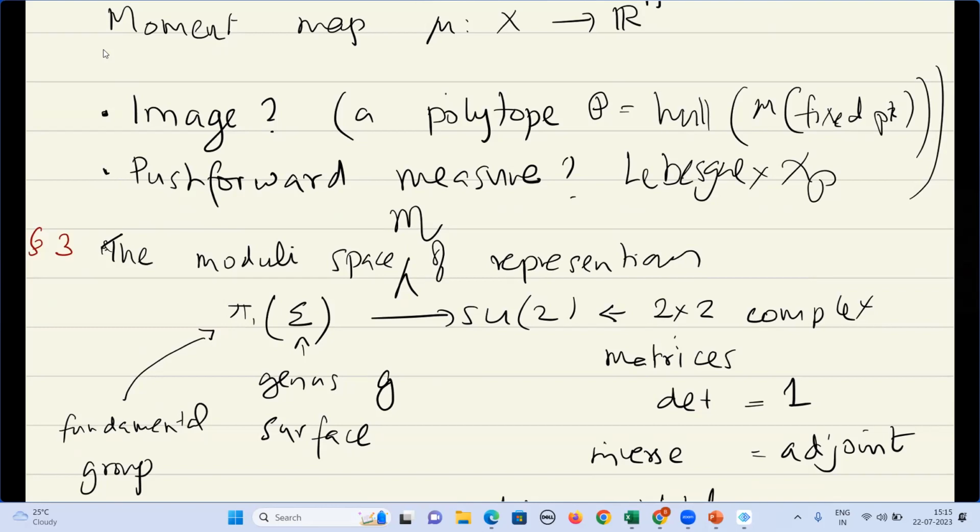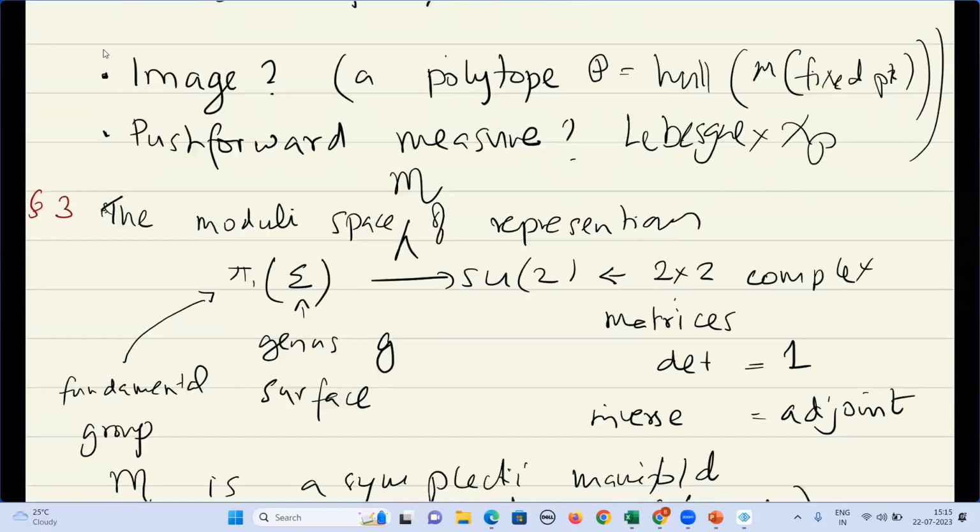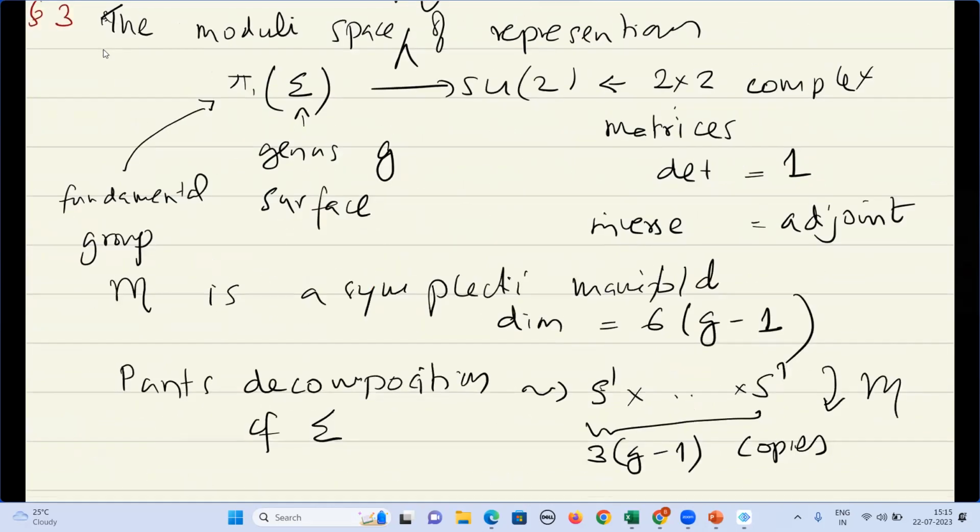You go modulo a natural equivalence here, and that's called the moduli space of representations of pi1 of the surface into SU2. It turns out that this is an even dimensional manifold of dimension 6 times G minus 1, and this is the symplectic manifold of interest. As I said, I have not told you what a symplectic manifold is, but believe me, this is one.